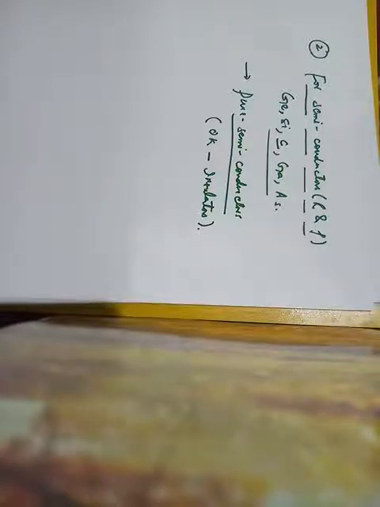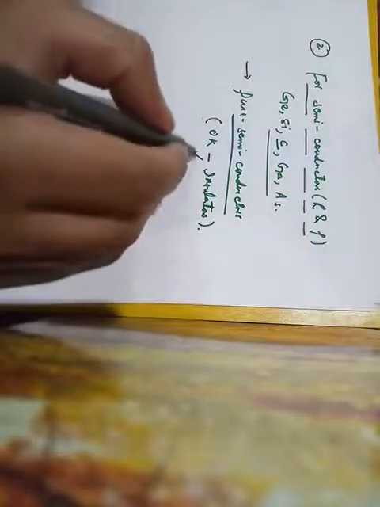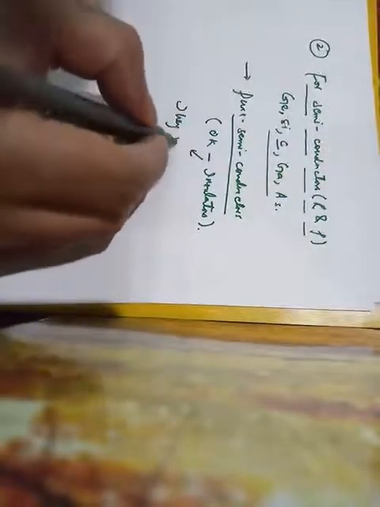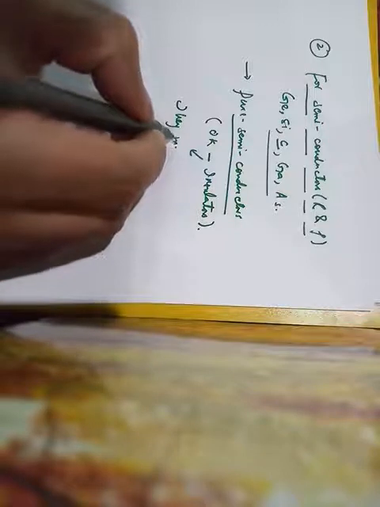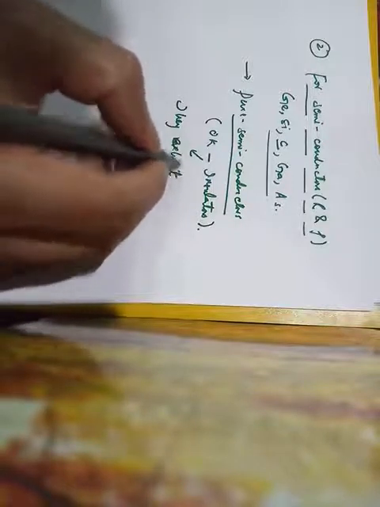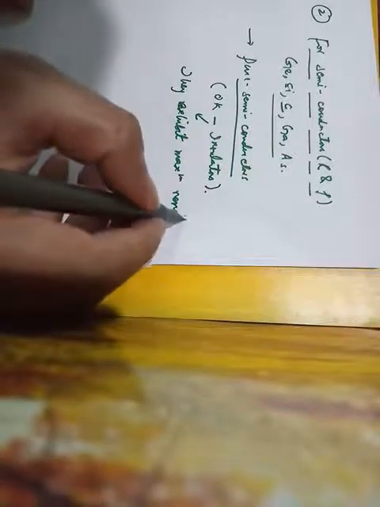What are insulators? Insulators are the substances which do not possess any sort of conductivity. That means at 0 Kelvin they show maximum resistance, they exhibit maximum resistance to the flow of current.